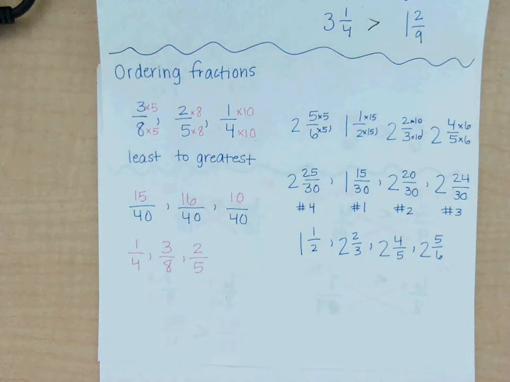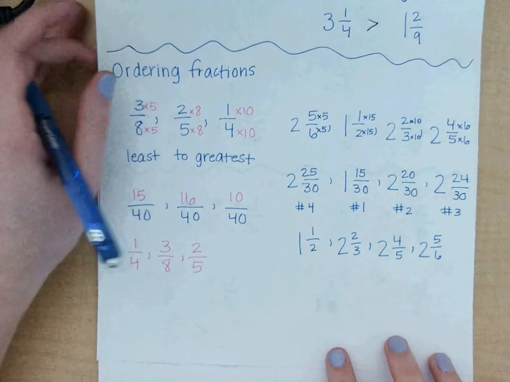Alright, the last thing we're going to look at is ordering fractions and decimals at the same time. Okay? So I'm going to flip to a new page. A big thing to keep in mind when we're ordering fractions and decimals is, before we can put them in the right order, what do we need to do?